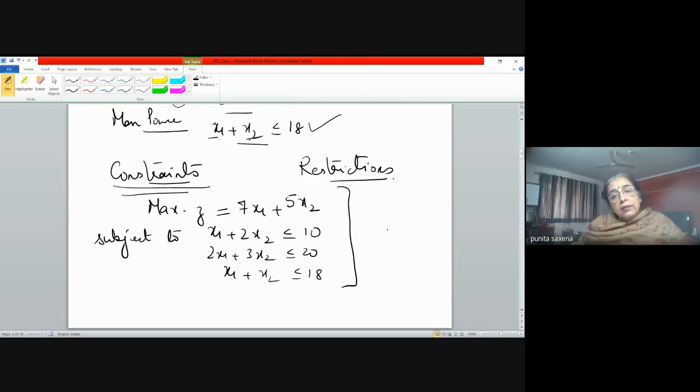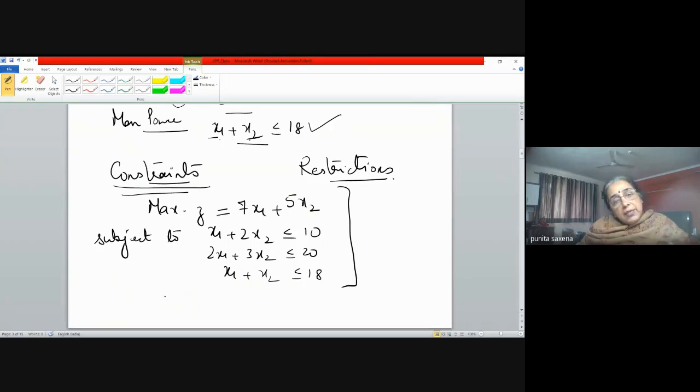Now, when I look at this as a mathematical problem, I realize that my x1 and x2 can take on any values. This is a very small problem that I have taken up, with only two variables. Otherwise, they could have been anything. He could have been making a bookshelf also, and the restrictions could also have been increased. Since they are mathematical variables, they can take on any value.